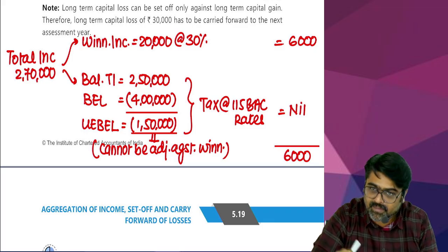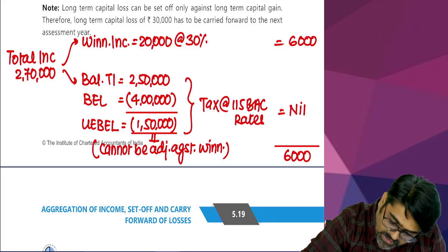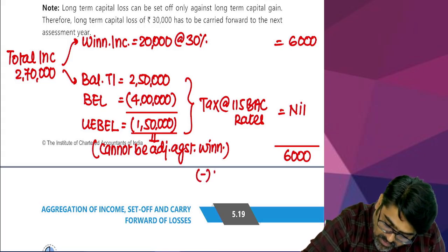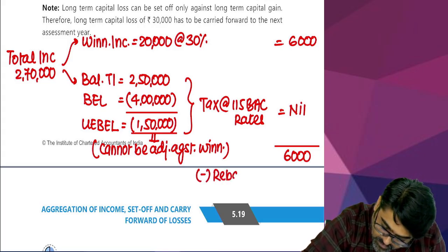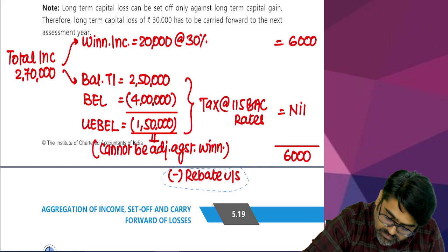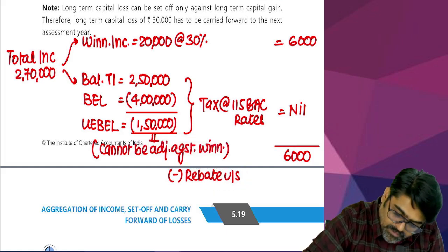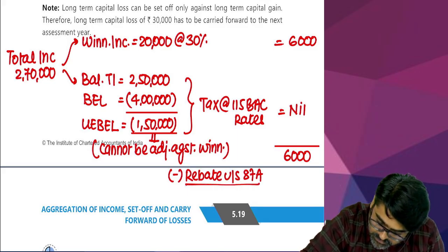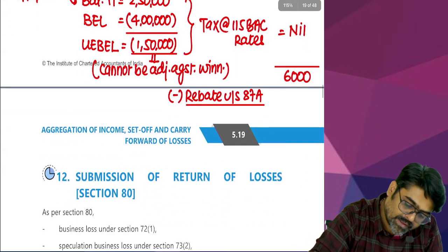Can you claim it as a rebate? No. So even if your total income is less than what? 12 lakhs, still you cannot claim as rebate. So what is the tax available for rebate? Nil. Because entire tax is what? Special tax.